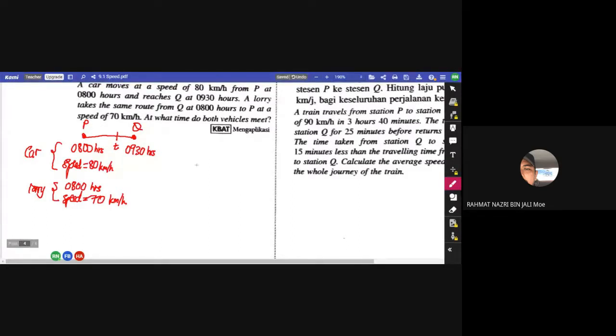So let me find out first the distance PQ, based on the time that the car travels, 1 hour and 30 minutes.